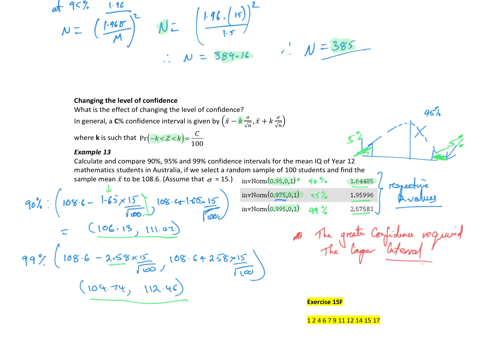So clearly you can see between the 90 and the 99, what we're saying is that 99% of my average IQs from my samples will fit within this interval between 104 and 112. So that's going to be 99% of my observations. If I only want 90% of the observations, or 90% likelihood, 106 to 111.